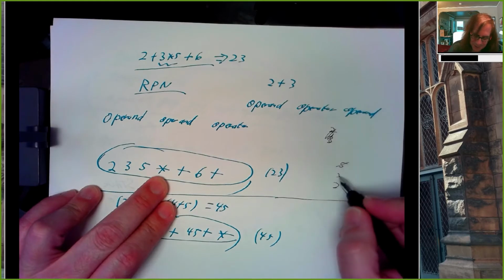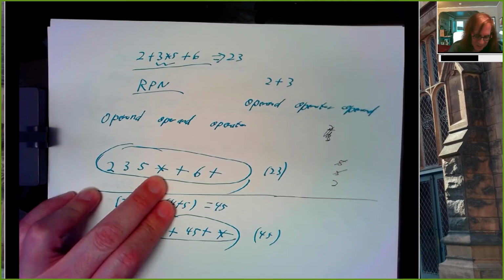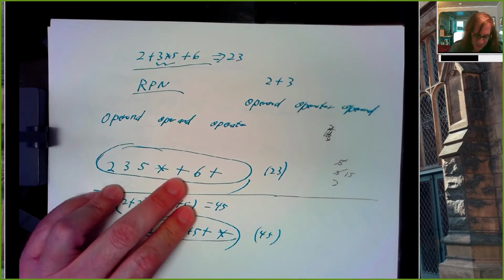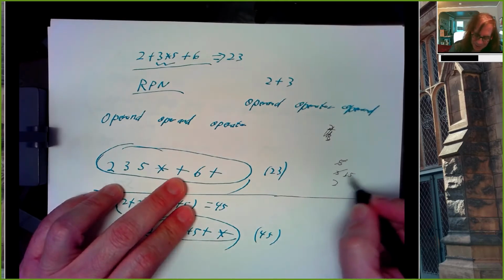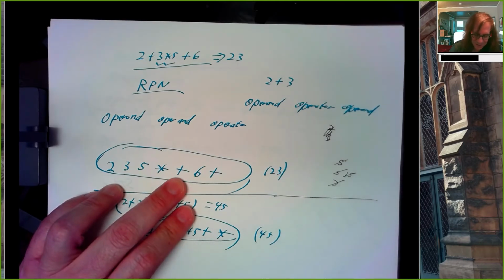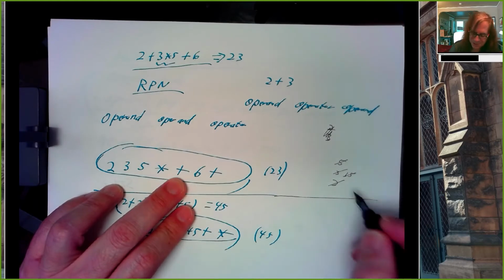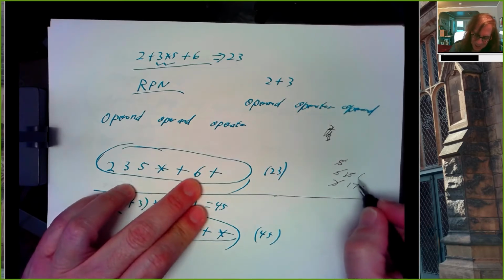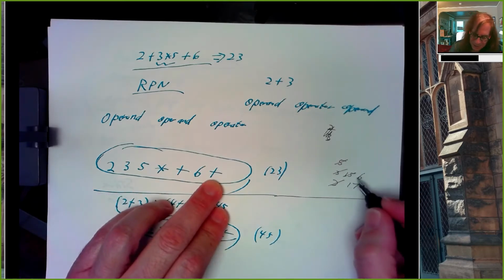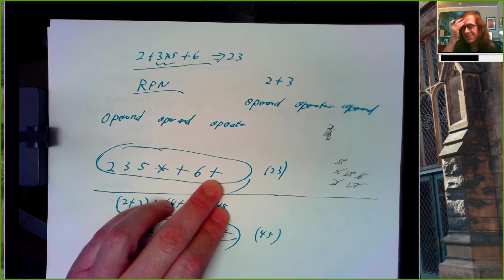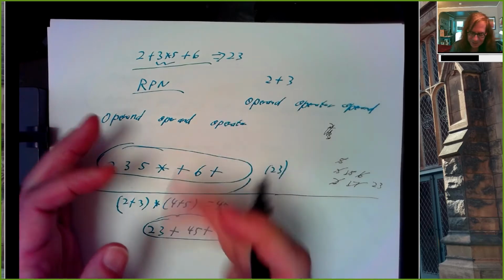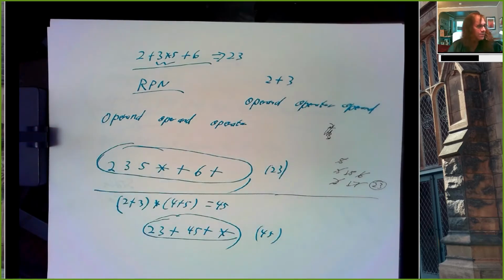Pop off the top two numbers, 5 and 3, apply the operator, so multiply them, that's 15, push the result. Here's a plus sign, what do we do? Pop off the top two numbers, apply the operation, 15 plus 2 is 17, push that onto the stack. Here's a 6, put that on the stack. Here's an operator, pop off the top two entries, 6 and 17, add them together as 23, push that on the stack. We're at the end of the input, our answer is the one thing remaining on the stack.